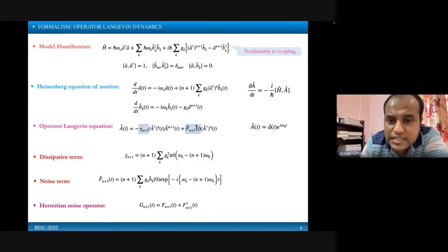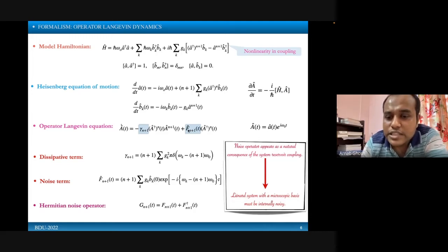Now from this, it is very clear that this noise operator appears as a natural consequence of the system-reservoir coupling, and therefore the microscopic basis of such systems must be internally noisy.